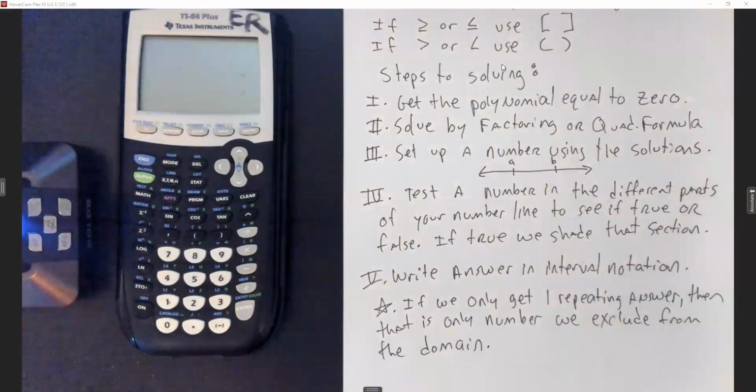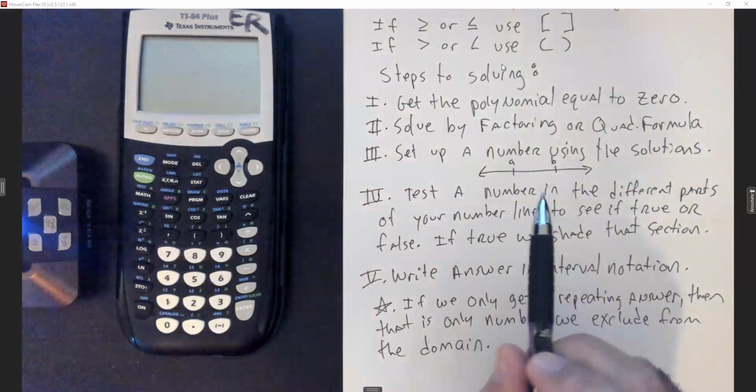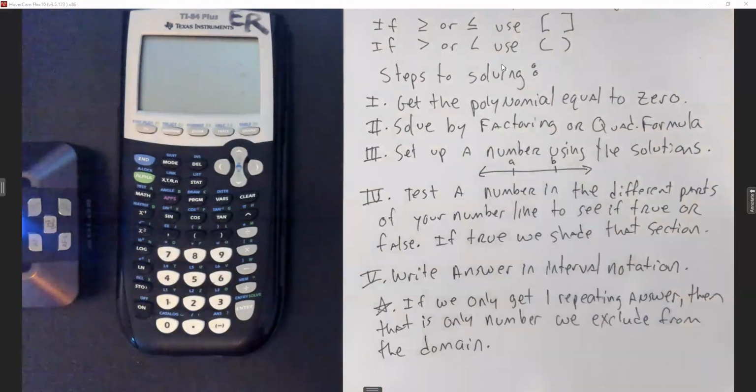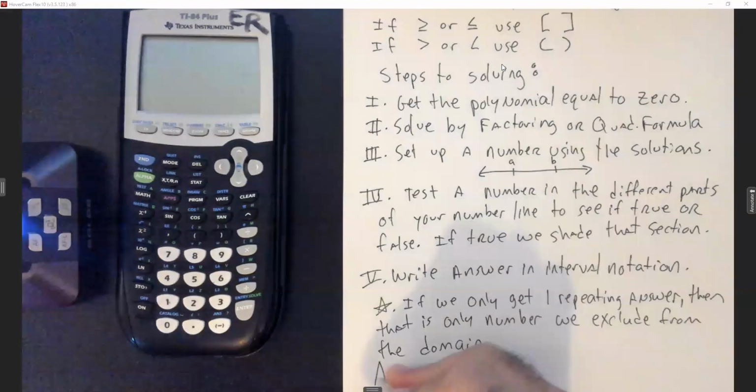So say I factored this and I got x equals 2 and another x equals 2. When I solve that, I would only exclude the one number from my domain. But all these but one should give you 2 answers, okay? All right, then there's one more star.